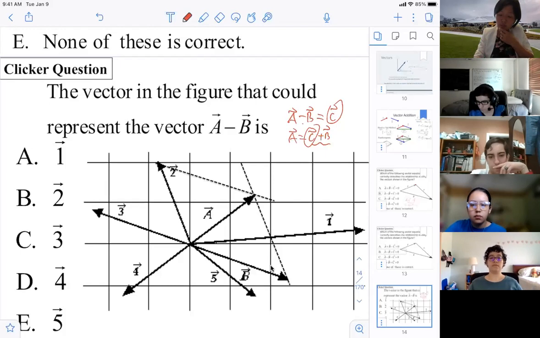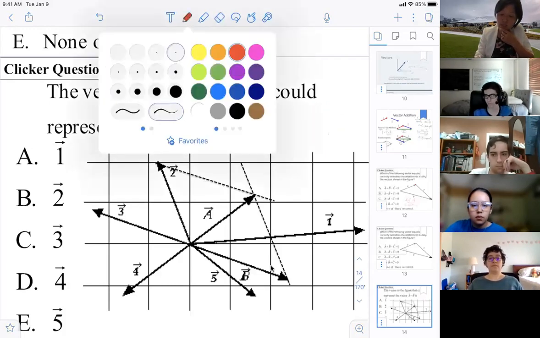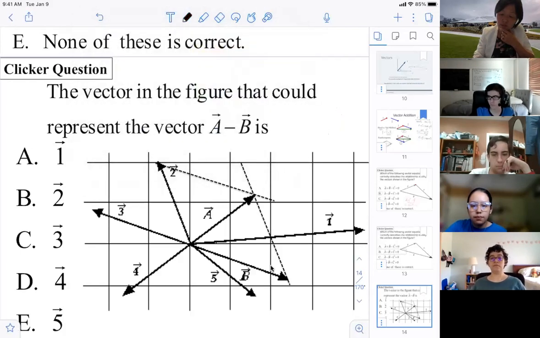So here we want to say, okay, what is the vector we're trying to get? We have a minus b equal to 1 or 2 or 3 or 5, question mark. So which means the question mark plus b has to be a.